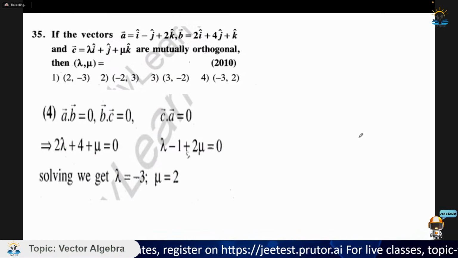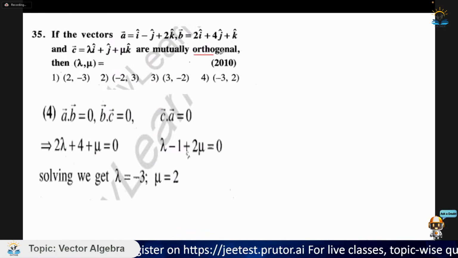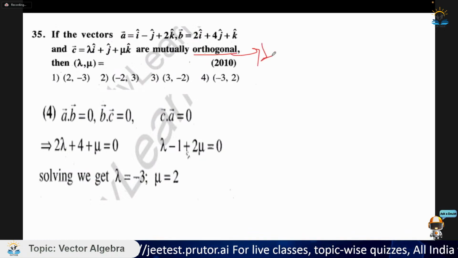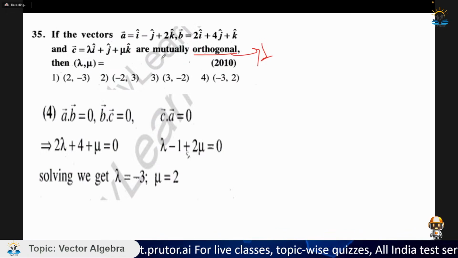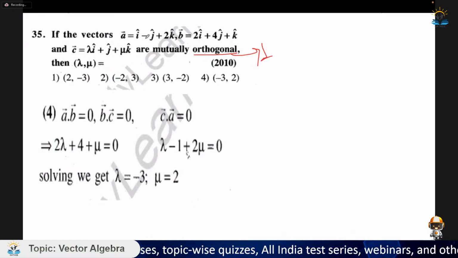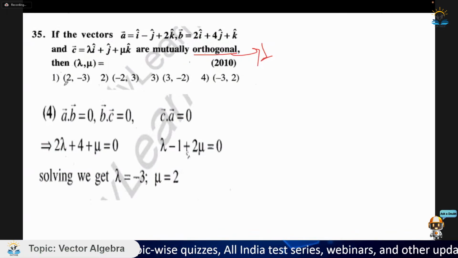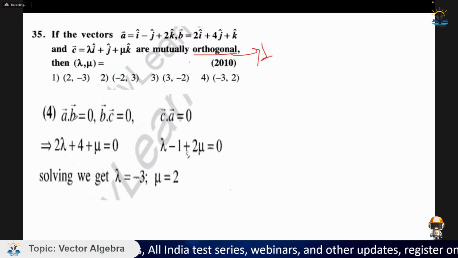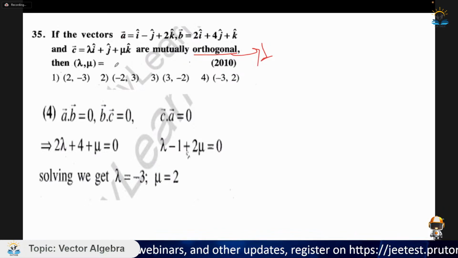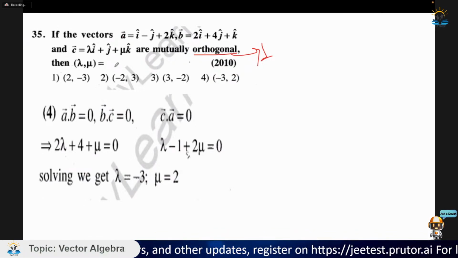Mutually orthogonal means that the vectors are perpendicular. If we make any combinations of A, B, and C, taking two vectors at a time, the dot products are zero, because A and B are perpendicular, B and C are perpendicular, and A and C are perpendicular.